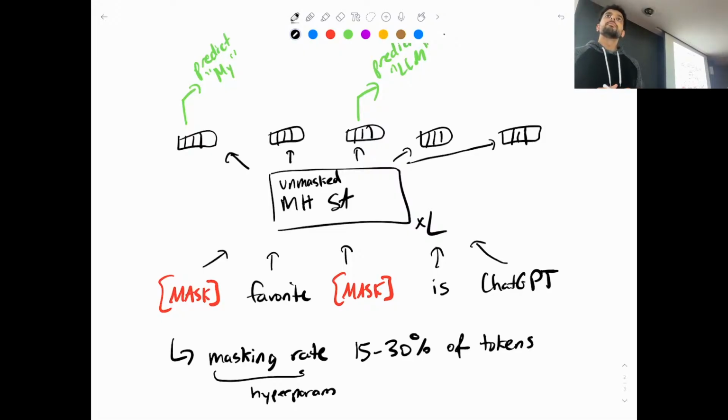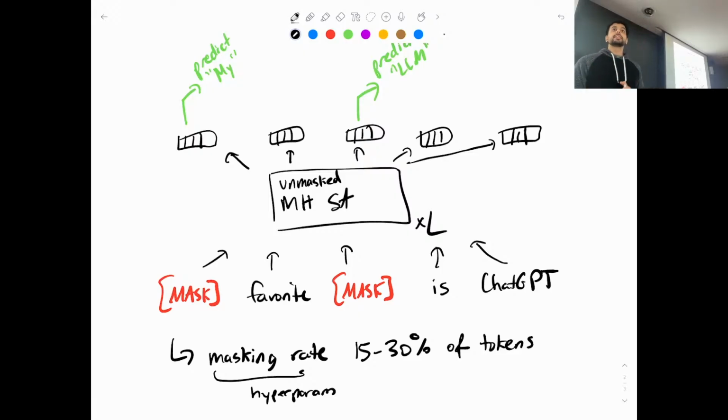Yes? So talking about that, how does the mask behave? For example, here the expectation is it has to be my favorite LLM is. But adding to what you just mentioned, it can be my favorite language model is ChatGPT 2, right? So does the mask consider just one word? Yeah, the mask always replaces just one token. You can have contiguous masks where you have 4 or 5 mask tokens in a row.